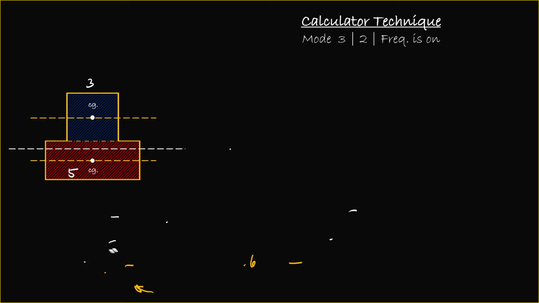You are supposed to memorize the formula for the moment of inertia at the neutral axis of each regular shape. For A1, the INA is 6.75. For A2, the INA is 11.25.